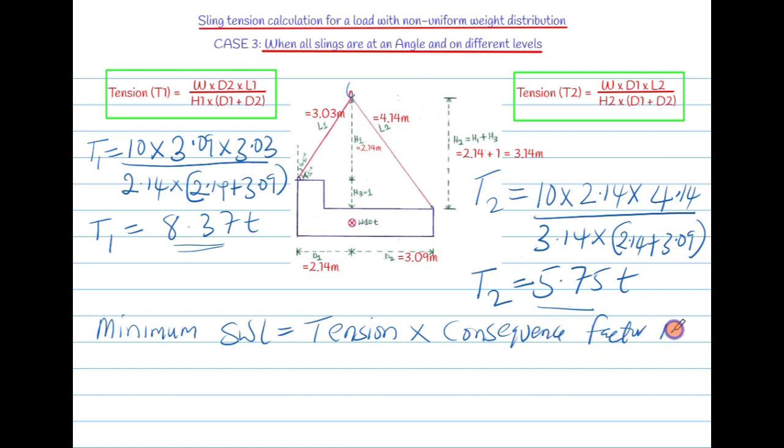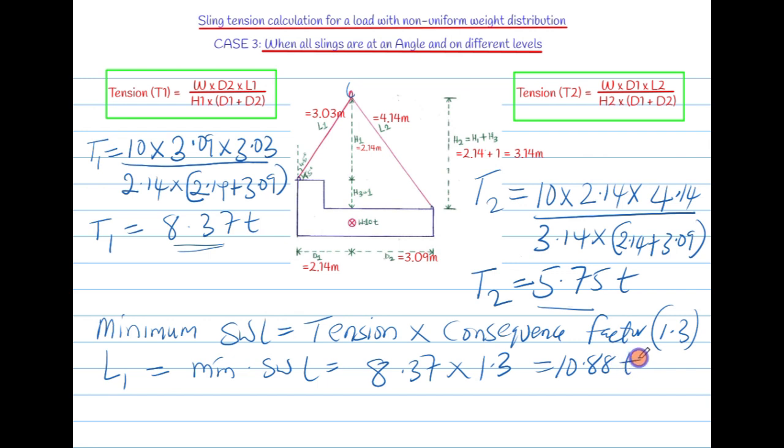We are going to use 1.3, which is 30% more. So for L1, the minimum SWL will be equal to 8.37 multiplied by 1.3, and this will be 10.88 ton.